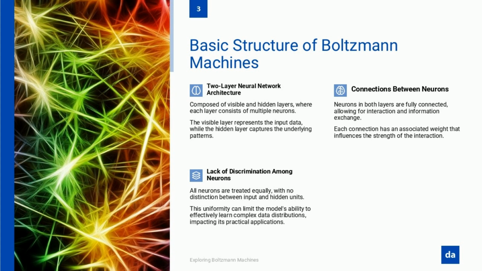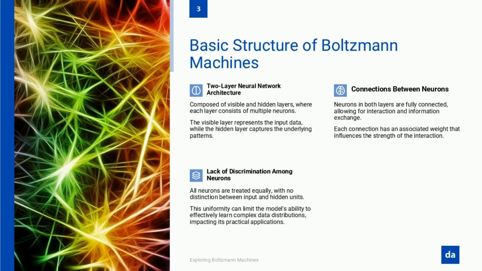Unlike standard Boltzmann machines, RBMs impose restrictions on how neurons connect. Visible neurons only connect to hidden neurons, not to each other. This simplification makes training significantly faster and allows RBMs to be stacked into deeper models, leading to powerful architectures like deep belief networks.